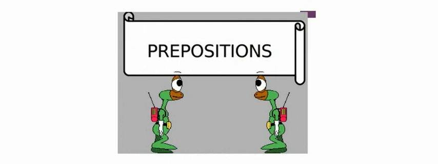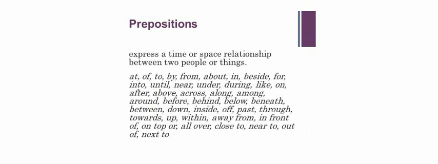Let's talk about preposition phrases finally and in detail. Prepositions express a time or space relationship between two people or things. Have a look at all of these words. They're all prepositions: at, of, to, by, from, inside, beneath, through, near to, out of, next to. Sometimes the prepositions have two words together that make the meaning, like on top of.